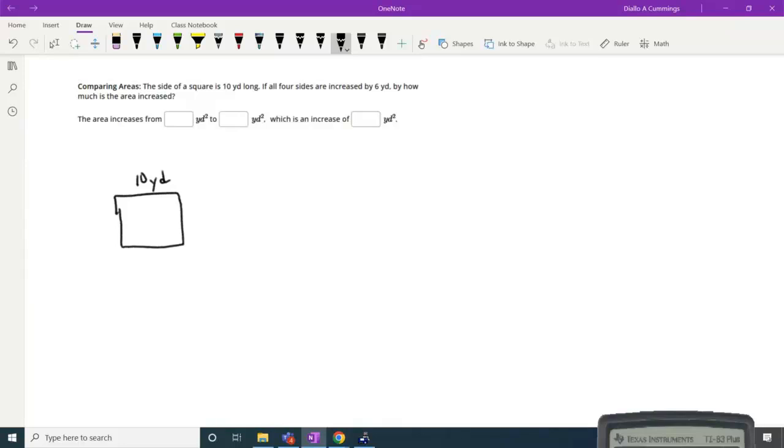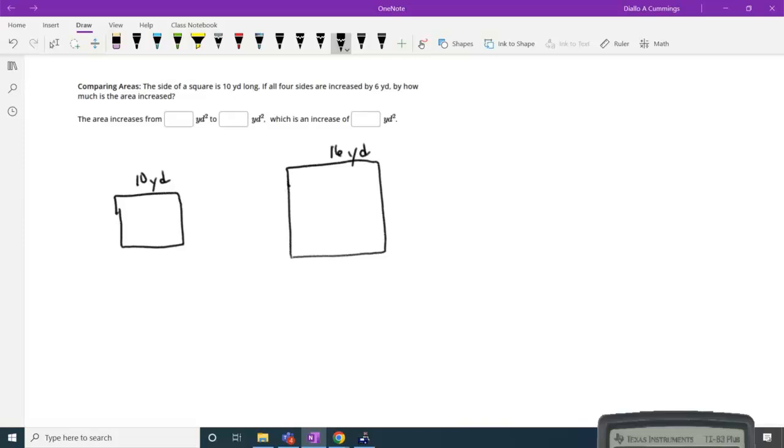Then it says if all four sides are increased by 6 yards, I'm going to draw another square. So 10 plus 6 is 16. So I've increased my side by 6 yards. It says by how much is the area increased?